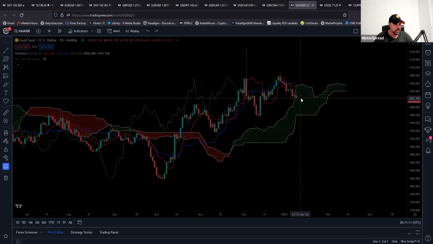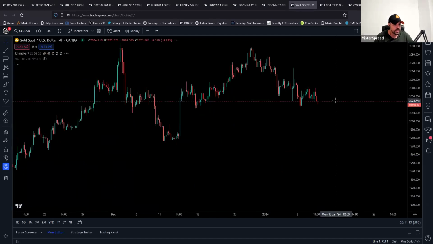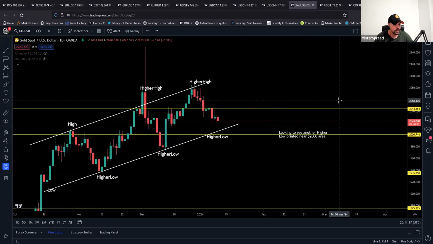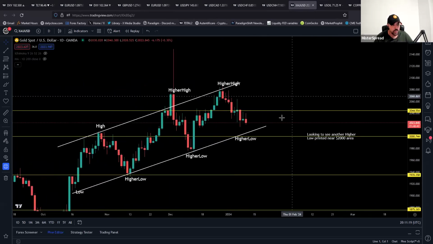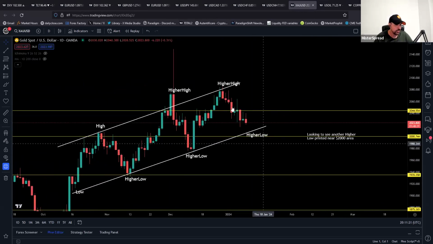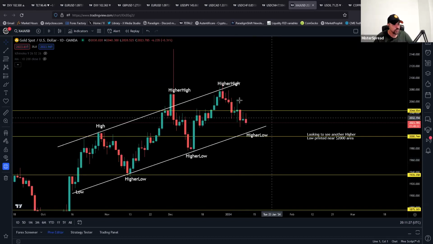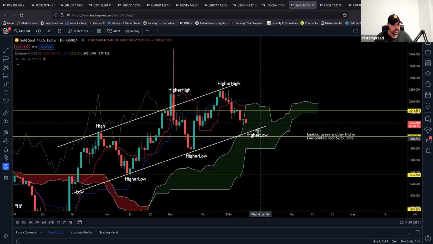And now what you can do, starting from the first analysis, is add your support and resistances. Like we were speaking for some time, if you remember my short, which also got into stop loss because of this move, I said that most likely it's going to print a higher low. So if you add Ichimoku now, let's see how it's going to react up until 1,980, which correlates with this low.